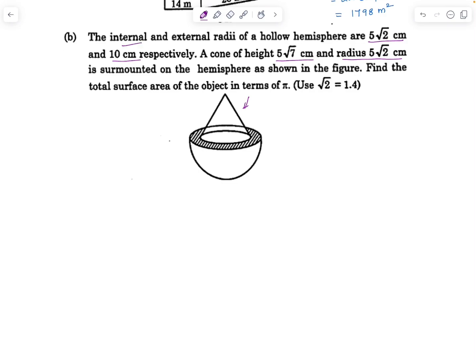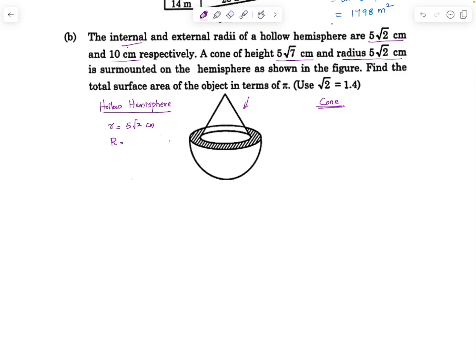The question speaks about two shapes. One is hollow hemisphere and the other one is a cone. Let's take down the dimensions of each shape. The internal radius of the hollow hemisphere is 5 root 2. Let me represent that by the letter small r, and the external radius is 10 centimeter.